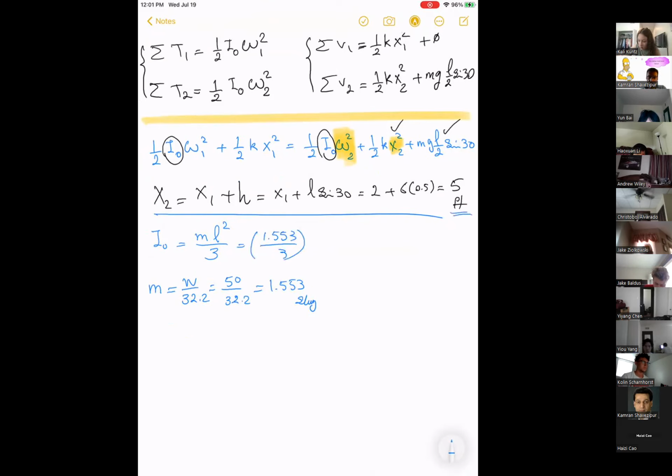Sometimes it gives in inches, now it's already in feet. 6 squared times 1.553, then divided by 3. So this is going to be 18.634, the unit is slug feet squared.